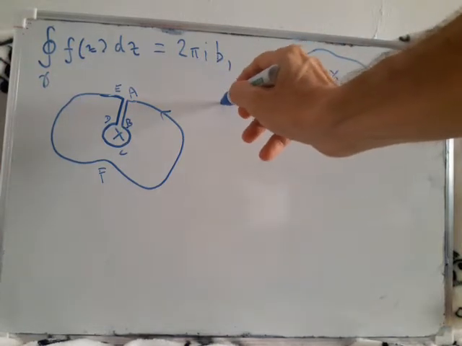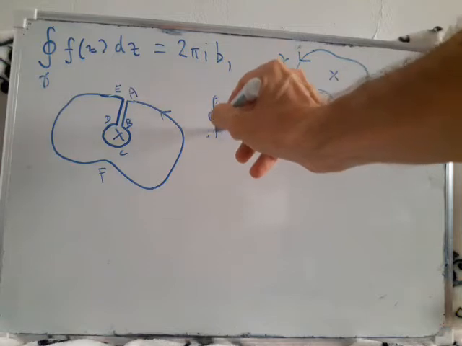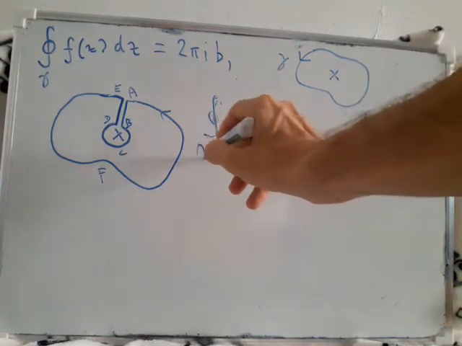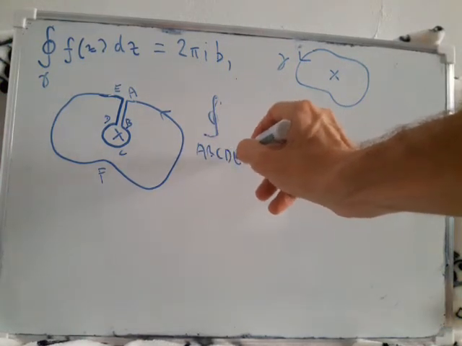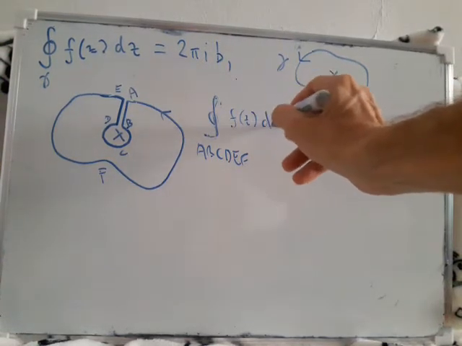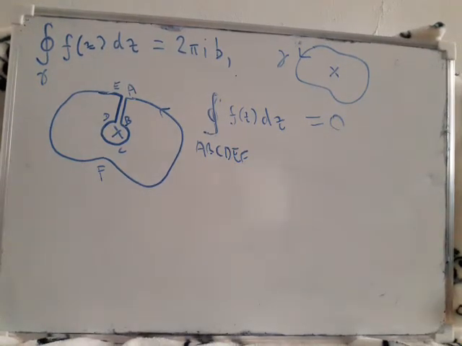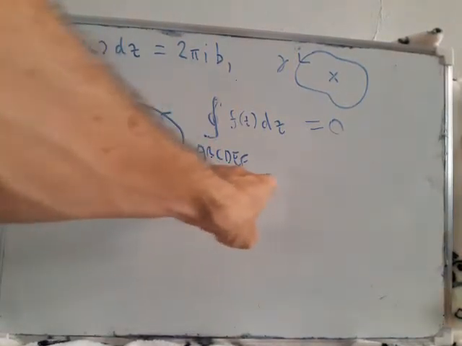This contour here, so I write it as a, b, c, d, e, f of the function, must equal 0 by Cauchy's theorem. So we then can analyze this line integral.